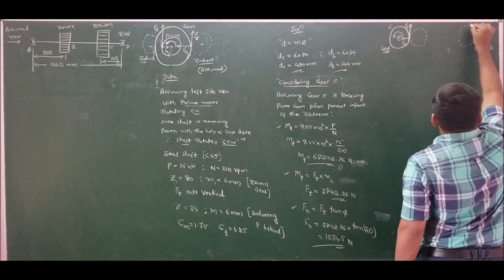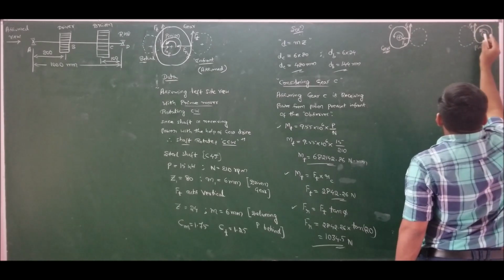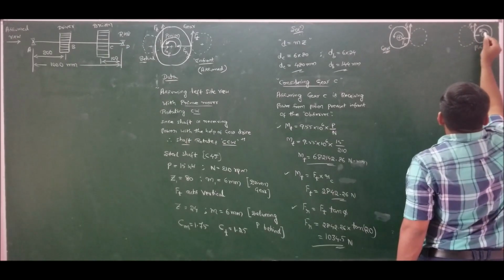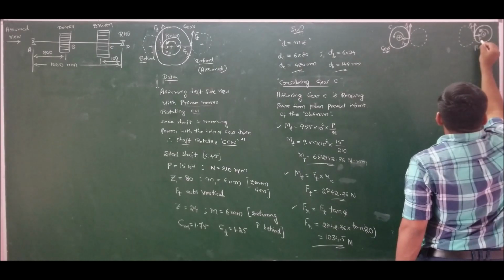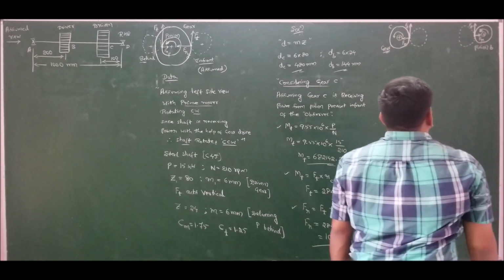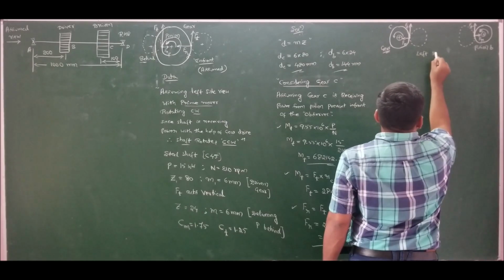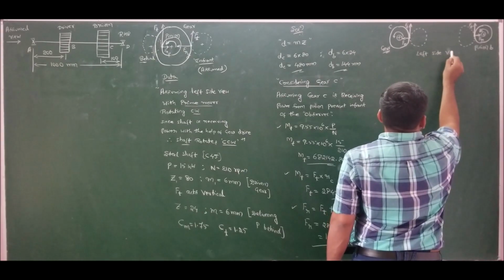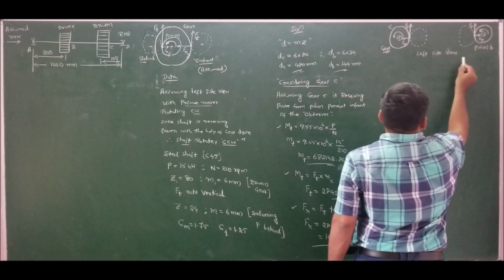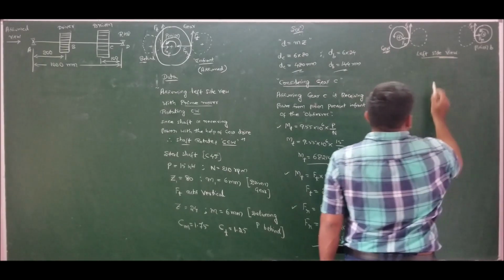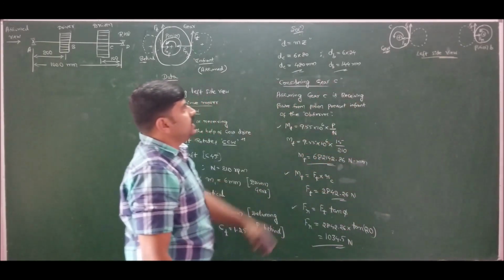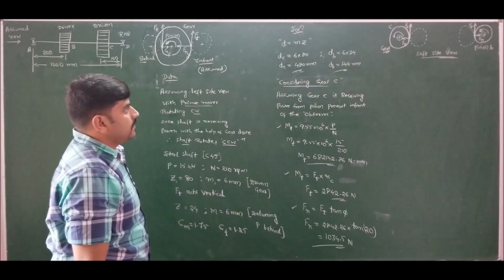So this will also become vertically upwards, and Fr will become inwards. So this will give us the left side view free body diagram. Free body diagram of both gear and pinion in left side view.